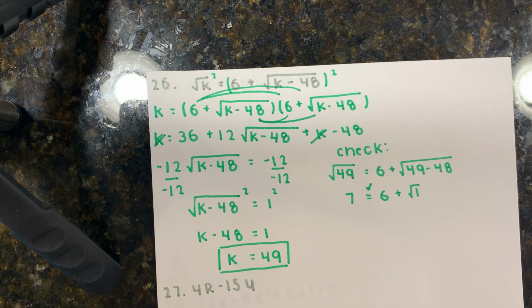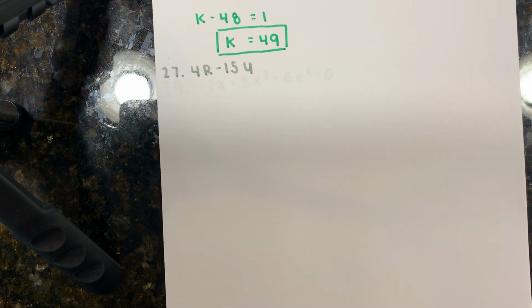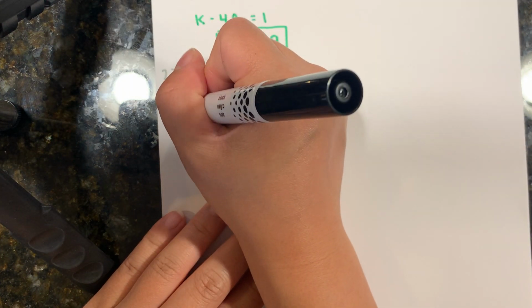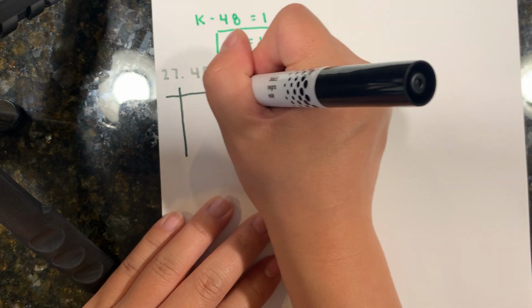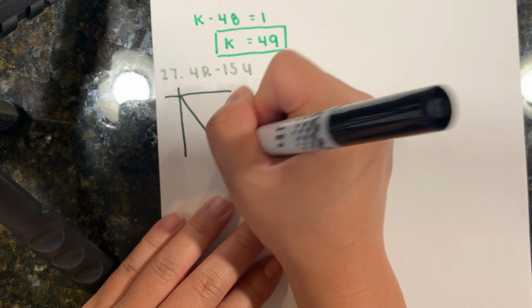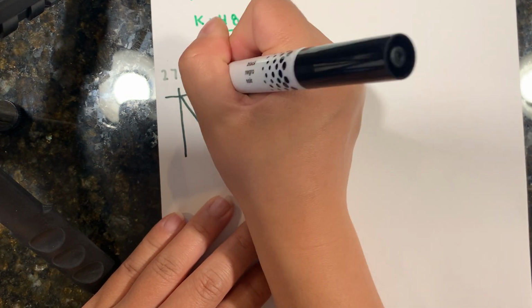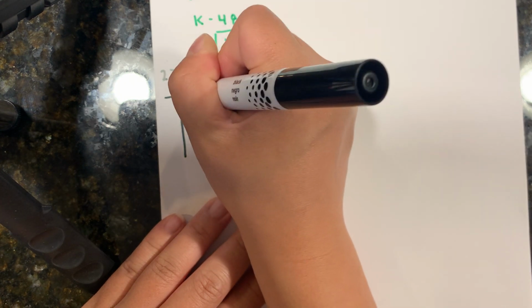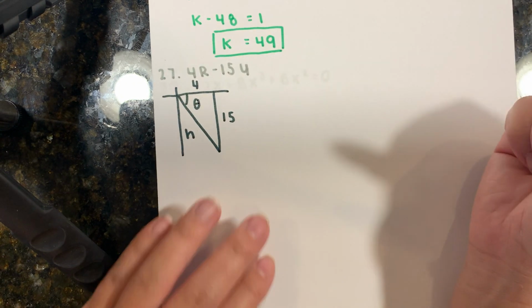Now moving on to number 27. If my r is positive, that means it goes to the right of the origin. And if my u is negative, it comes down off the x-axis. So that means my triangle is going to be in quadrant 4. 4 to the right, 15 down. Hypotenuse, angle.